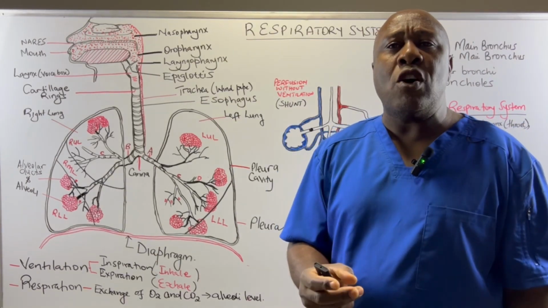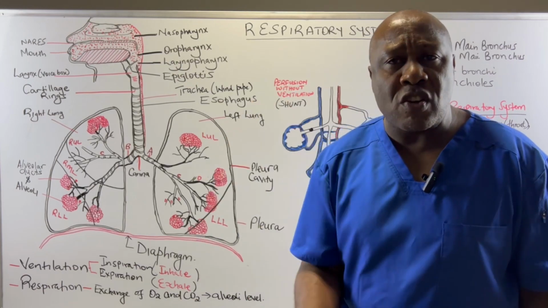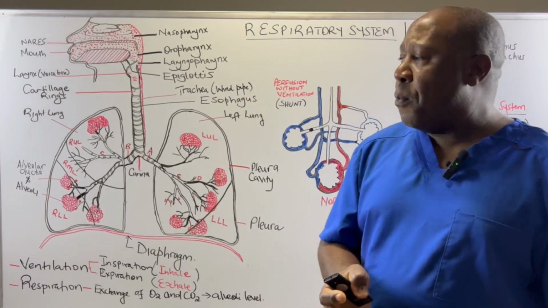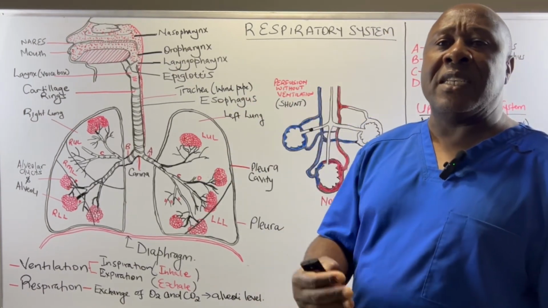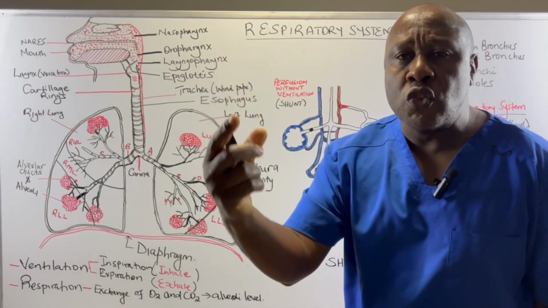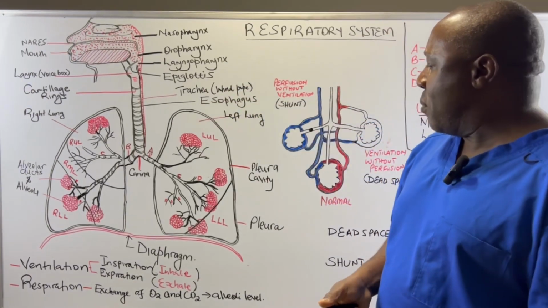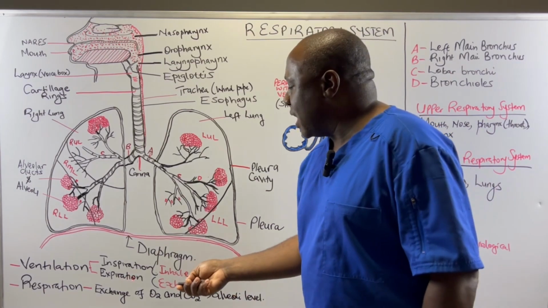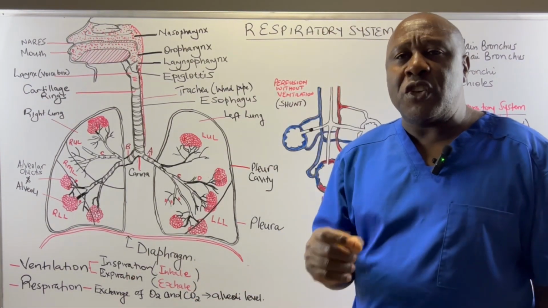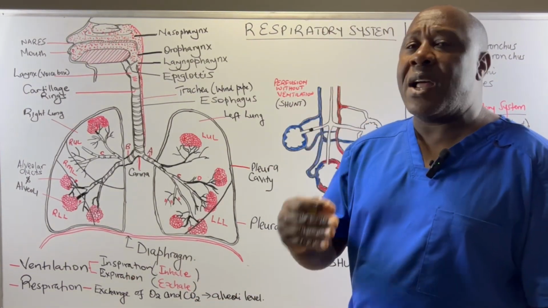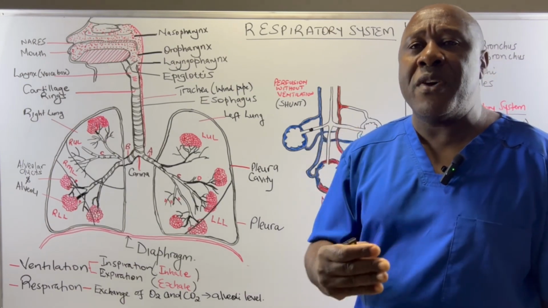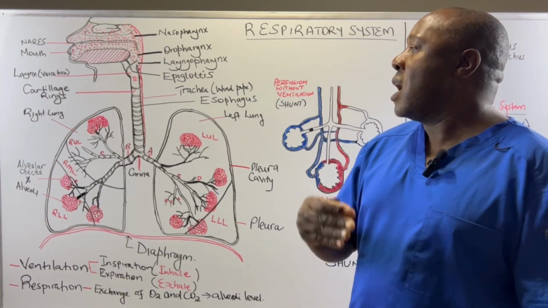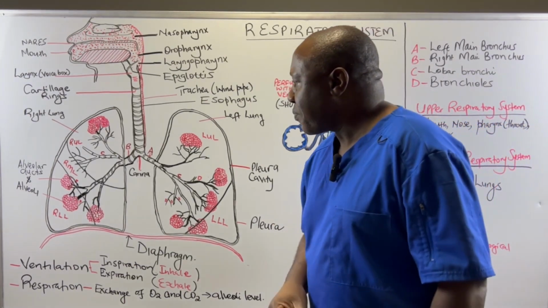This same blood also picks up carbon dioxide from the various body tissues and delivers it into the lungs, ready to be expelled from our bodies via expiration. So the circulatory system or the cardiovascular system is very, very important to our respiratory system.